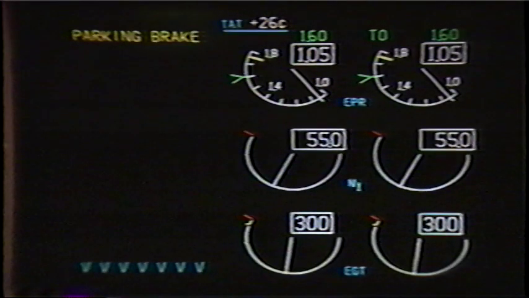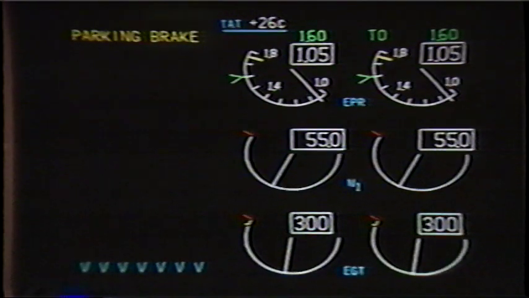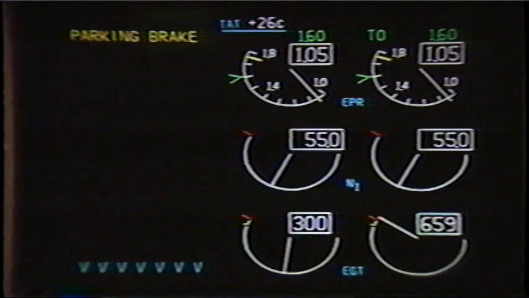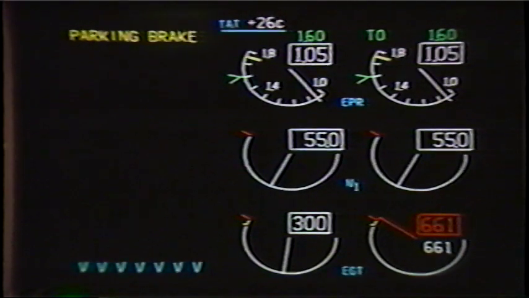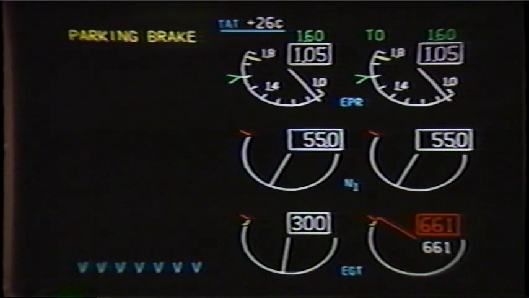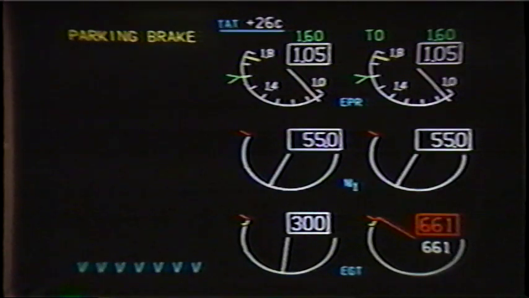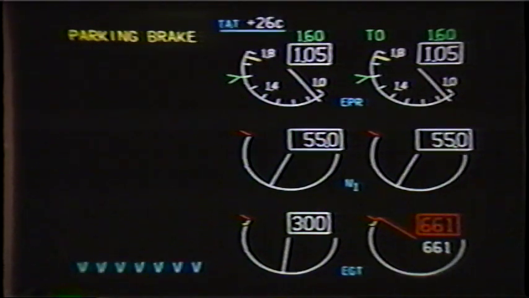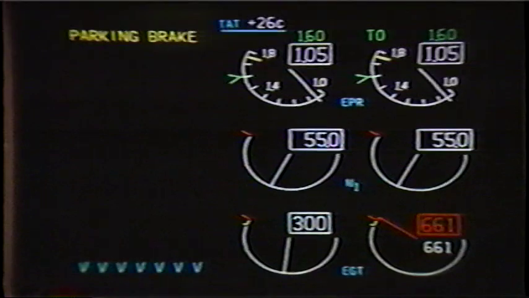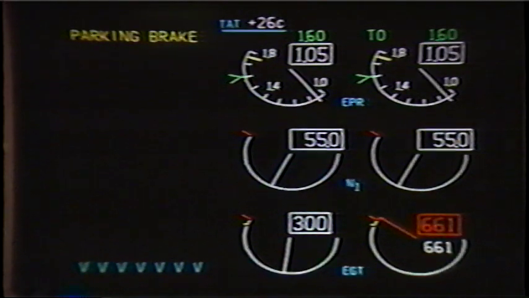In addition to the left engine red oil temperature exceedance, the right engine experienced a red EGT exceedance. At this time, only the right engine performance data is recorded and stored in EICAS memory, overwriting previously recorded data for this engine.